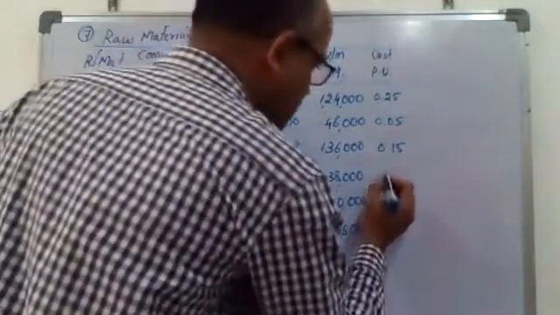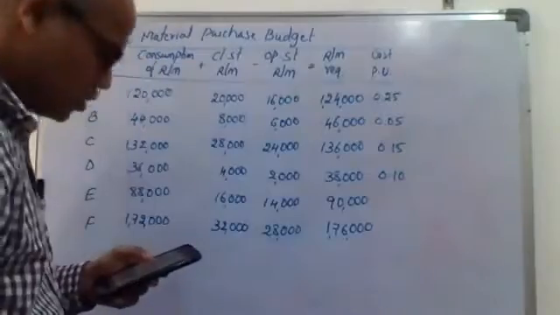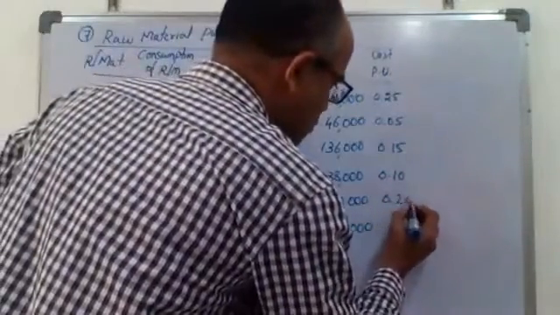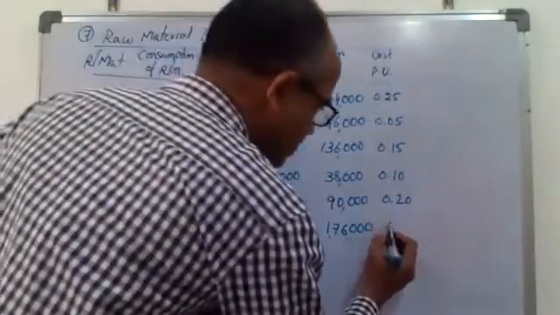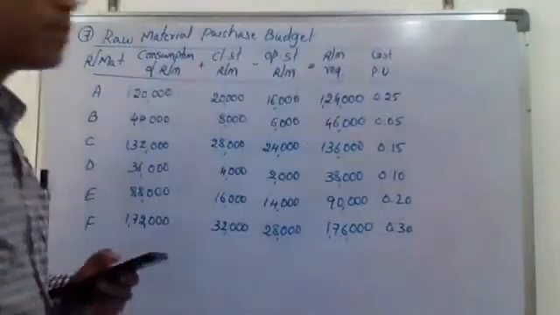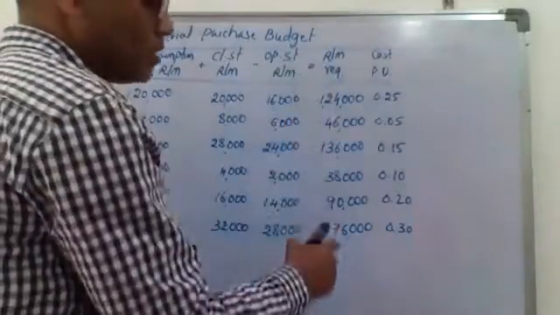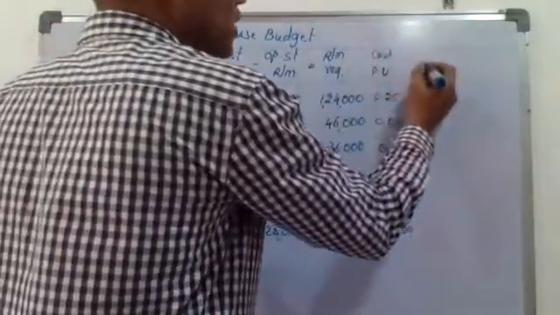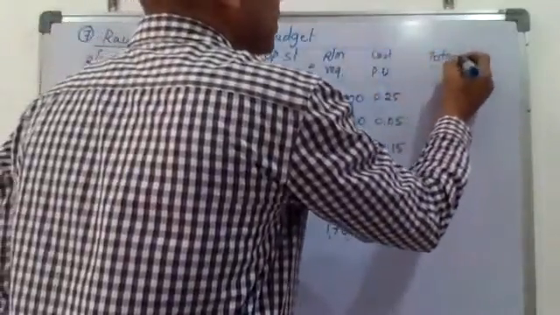This is 10 paise, 0.10. 20 paise, so it is 0.20. And 30 paise, it is 0.30. So what am I going to do? Once I have the raw material, just multiply with the cost per unit, you will get the total raw material cost.